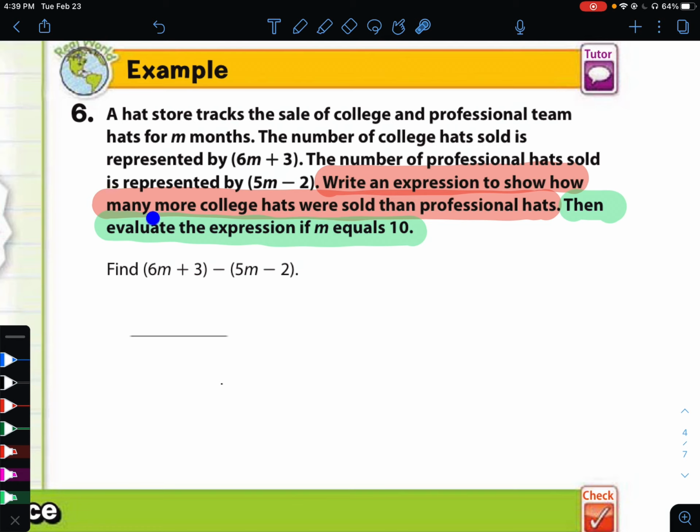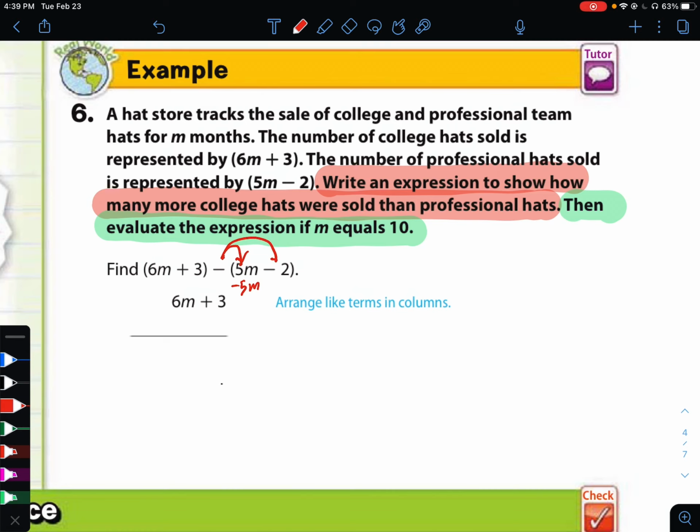Expression to show how many more college hats were sold than professional hats. So these are your college hats, and these are your professional hats. So we subtract 6m plus 3 minus the quantity 5m minus 2. Again, just like what we did before, we arrange them in columns. And again, we distribute the negative 1 to 5m. This becomes negative 5m.